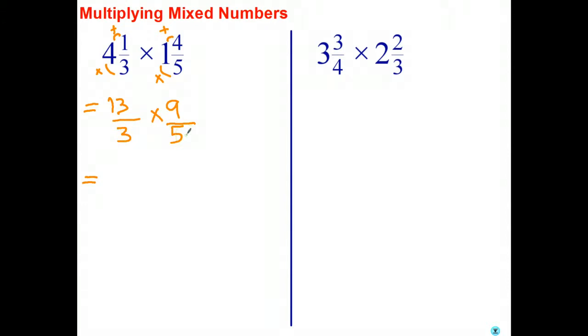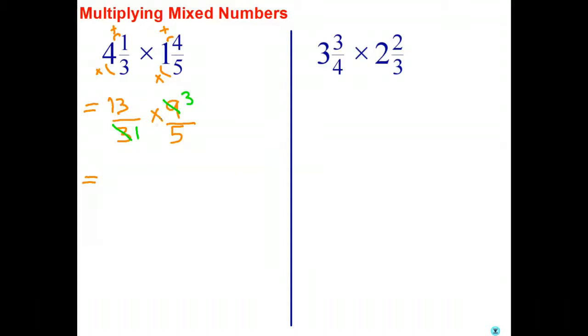Are there any numbers that we can divide? It turns out that 3 goes into 3 once, 3 goes into 9 3 times. So that's going to make life a fair bit easier. Everything else is a prime number, so I don't think we're going to have any more success with simplifying.